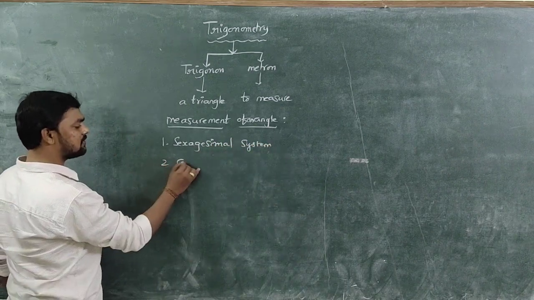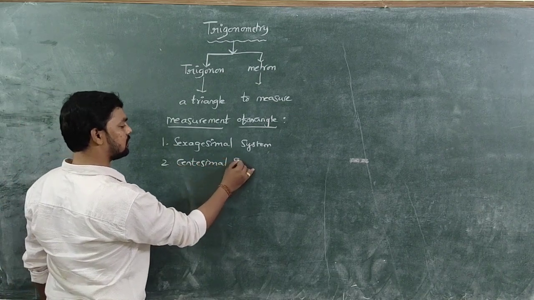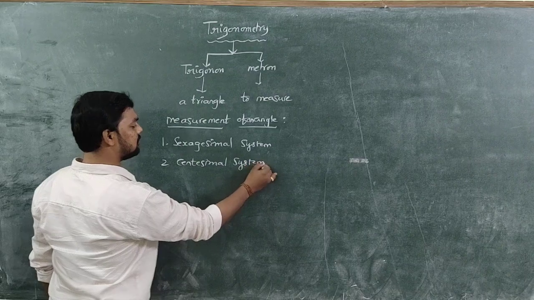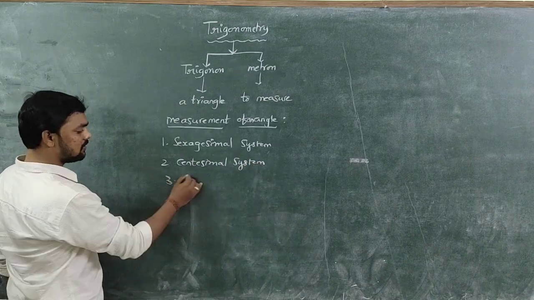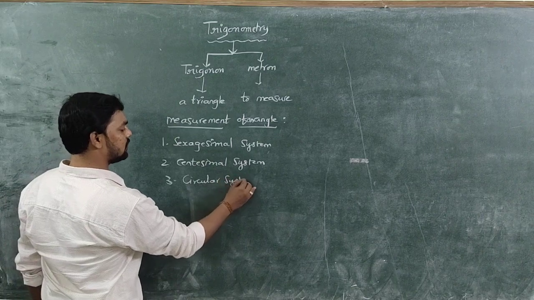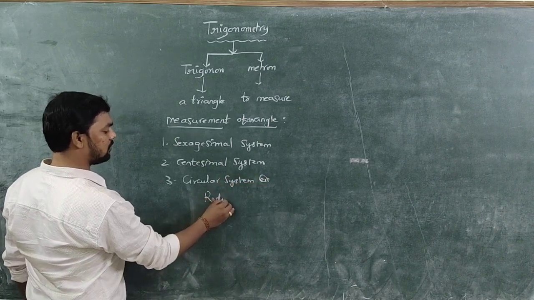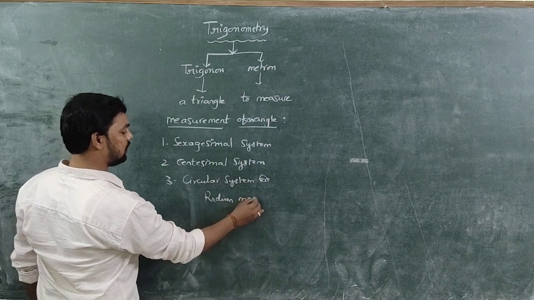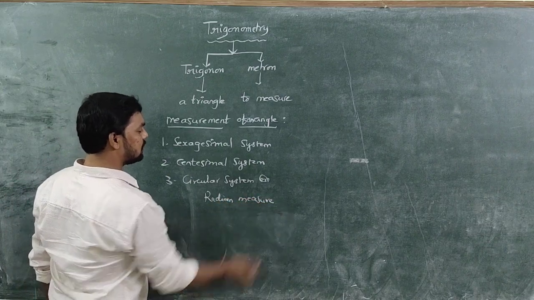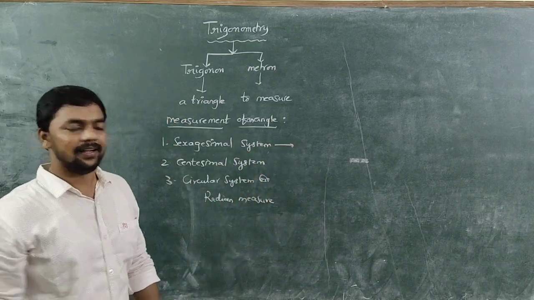The second one is the centesimal system. And the third one is the circular system, or radian measure. In the sexagesimal system, we measure an angle in degrees.